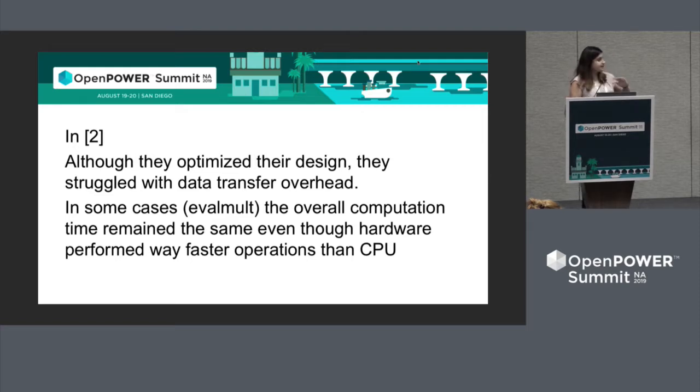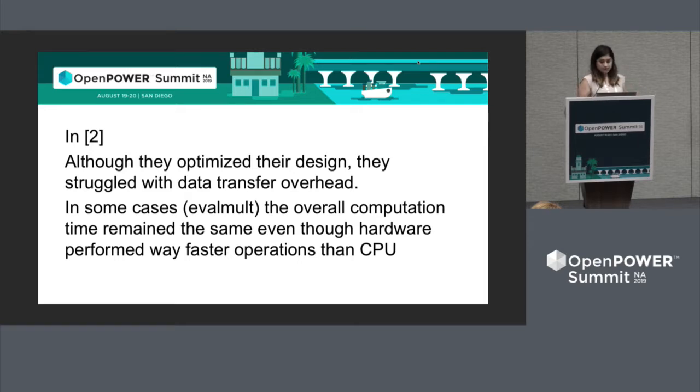In some cases, even the function evaluation of multiplication was a lot faster on the hardware side, but the overall timing didn't change at all, because a lot of data overhead was produced as data has to be sent back and forth between platforms.